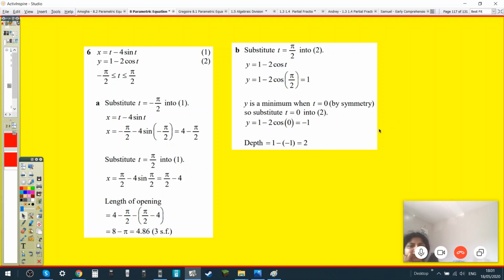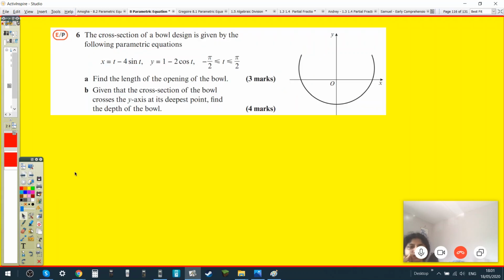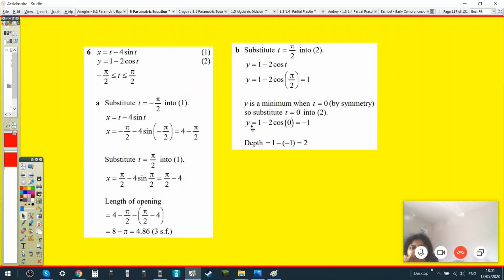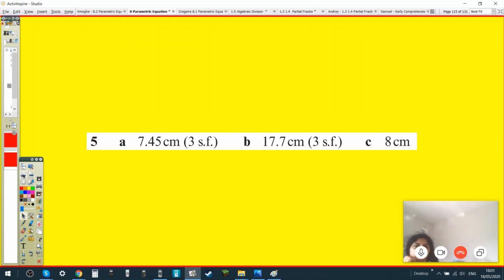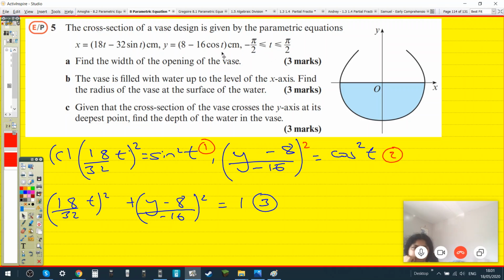Wouldn't it be when x is 0 and not t is 0? Y is at its lowest when x is 0. Yeah, I think so. They're saying it's when it's at its maximum time, pi over 2. So if you sub pi over 2 into y, you get 8 minus 0, which is 8.